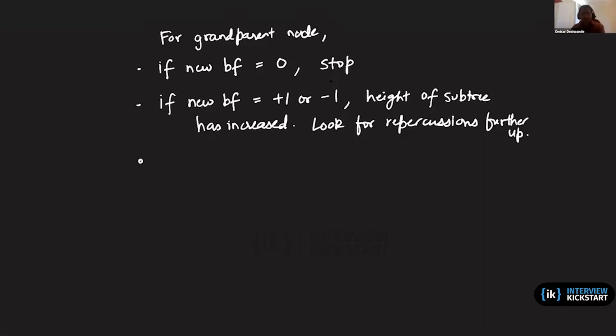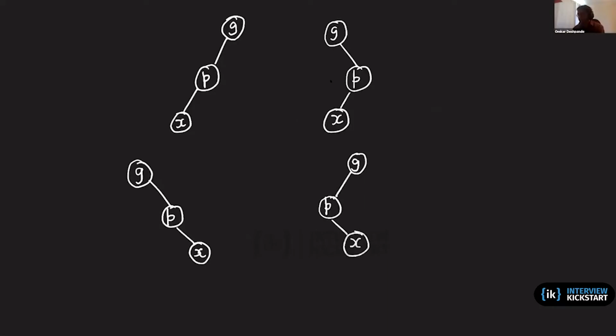The third case is where the new balance factor could have become +2 or -2. And that could happen as in these 4 diagrams. If you remove X, right before X was added, the balance factor here was +1.